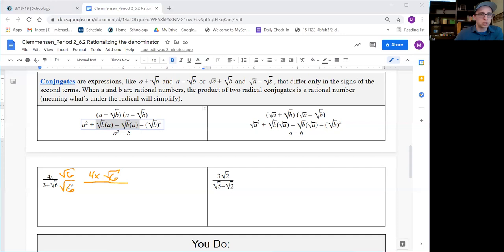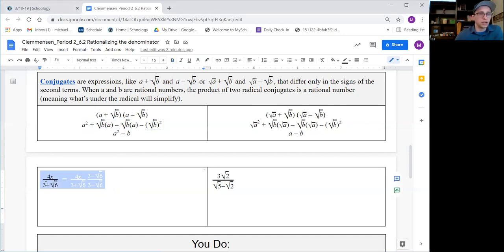And on bottom, I'm still left with a square root. I get 3 root 6 plus 6. So that doesn't work. That doesn't rationalize our denominator. That doesn't get rid of all the square roots in the denominator. So instead, I multiply top and bottom by the opposite sign, the 3 minus the square root of 6. Do it to one, do it to the other.